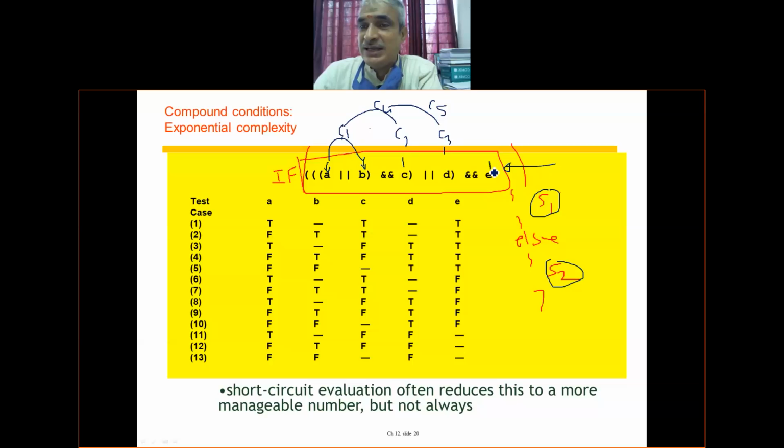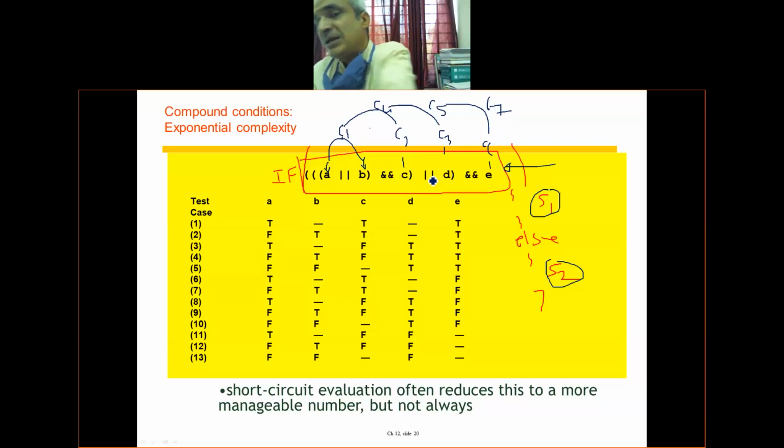Then we have E, which is C6. C5 and C6 becomes totally C7. That's another condition. So if this entire condition C7 is true, we have taken a decision and entered S1. Hope you understand the meaning of conditions. Arpita and Manoj, sorry, Ashish. Yes, sir. Now look into that.